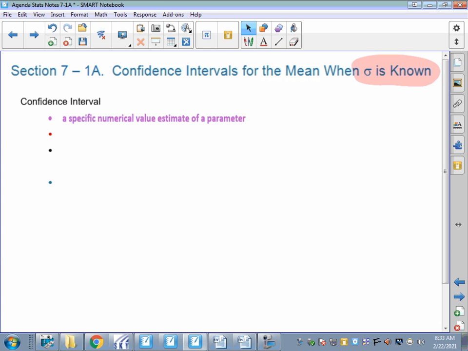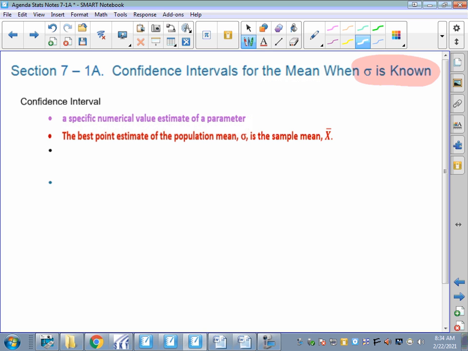So the parameter in the example that I used was the average age of a student at the school. The best point estimate for our mean is our sample mean. I put sigma here. This should be mu, right? The best point estimate, the best way we can estimate the population mean is to use a sample mean. Kind of common sense there.